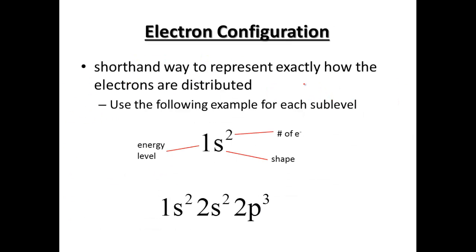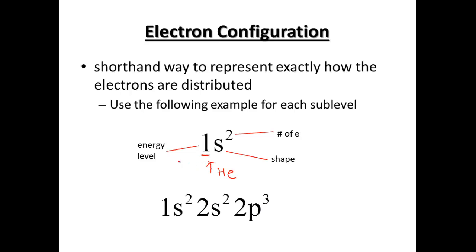Going back into your notes, we're going to look at electron configuration, a shorthand way to represent exactly how the electrons are distributed. This would be an example, this one of helium, what we're looking at up here. What I would like you to include for helium is, first off, our energy level, which is going to be this number 1.